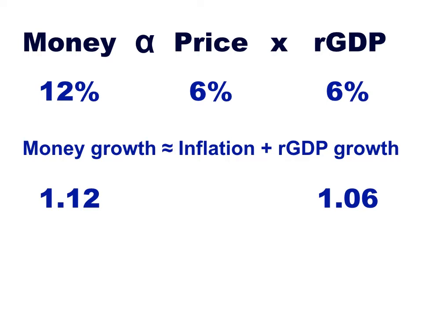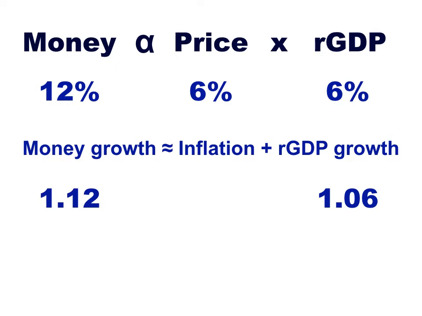That would be our factor increase. Notice how we've taken our percentage increase of 12% and we've converted it into a factor increase of 1.12. My real GDP is increasing by 6%, so that is a factor increase of 1.06.